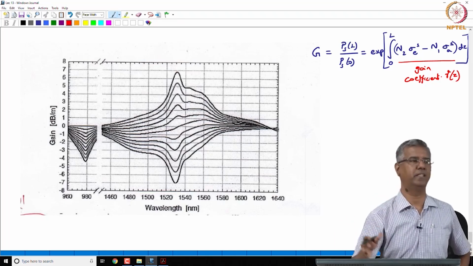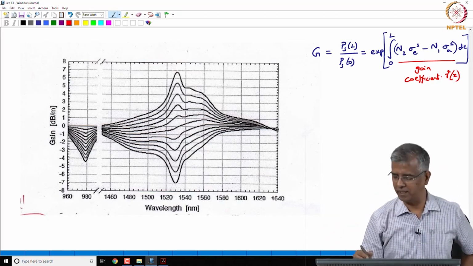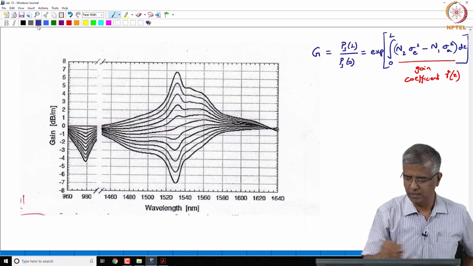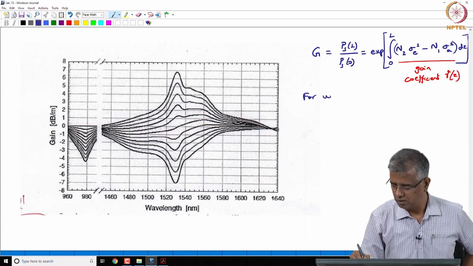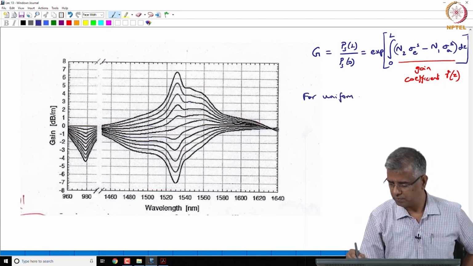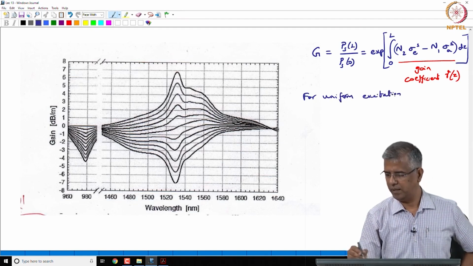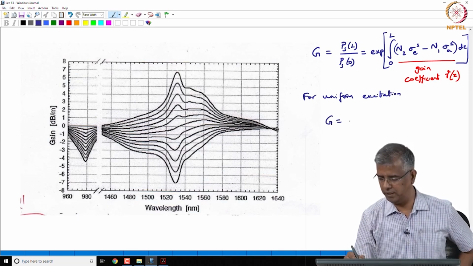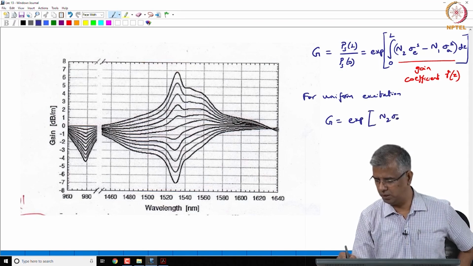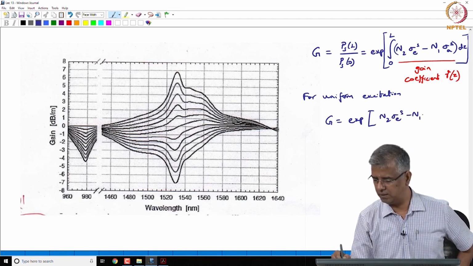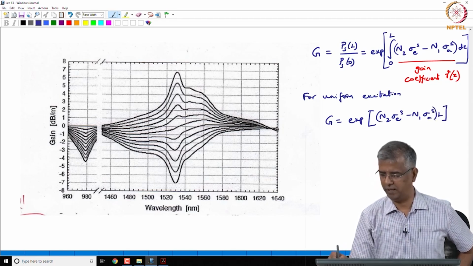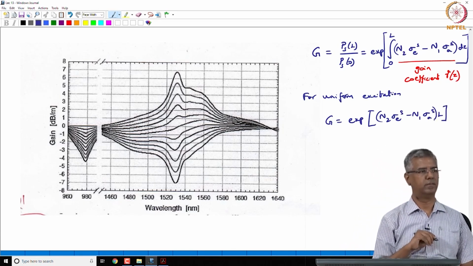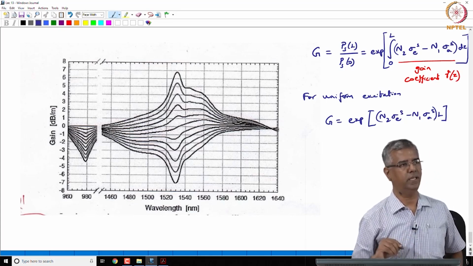So, we just multiply this by L. So, I can make a special case here, for the uniform excitation case, I would just say G is exponential of N2 sigma Es minus N1 sigma As multiplied by L. Okay.